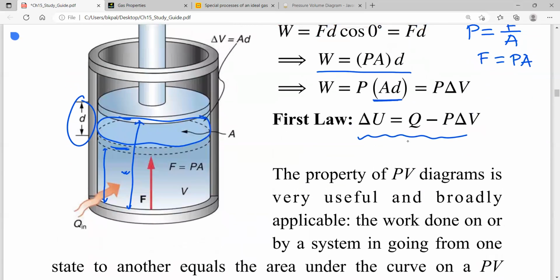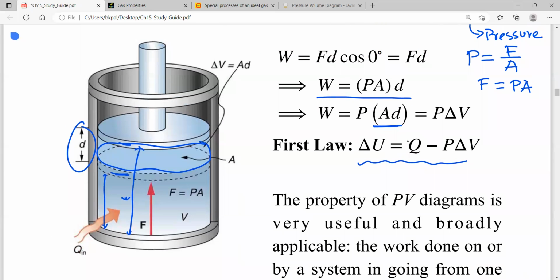Now in the adiabatic process, delta U is equal to minus W, and now you see that delta U is equal to minus P delta V. Expansion means delta V is positive.